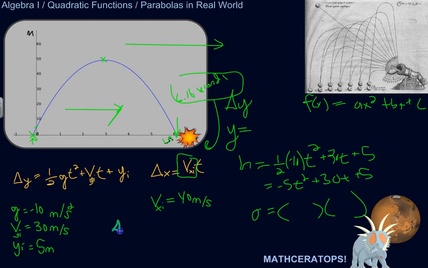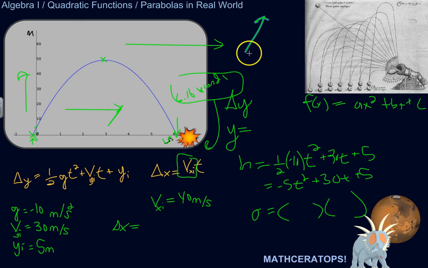So I could do delta x, or its displacement or distance traveled, is my initial velocity in the x direction. Here is my initial velocity in the y direction, you know, going up at 30 meters per second. Basically, it'd be like this. I'm actually shooting the cannonball at an angle like this, right?